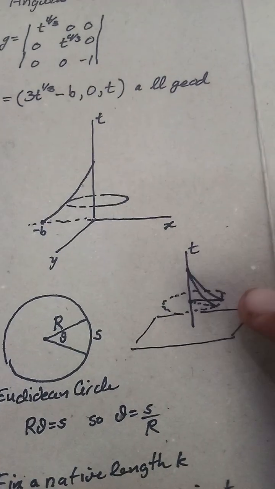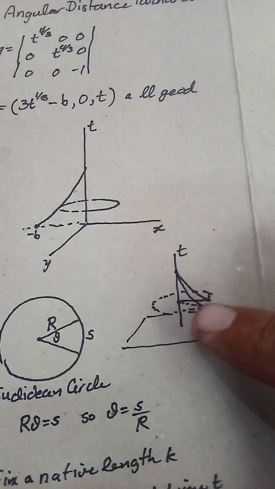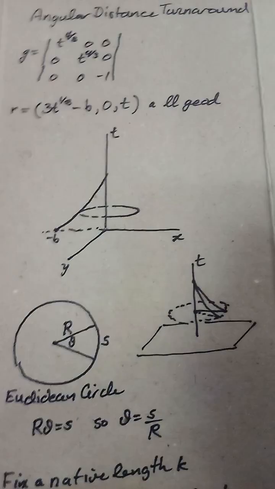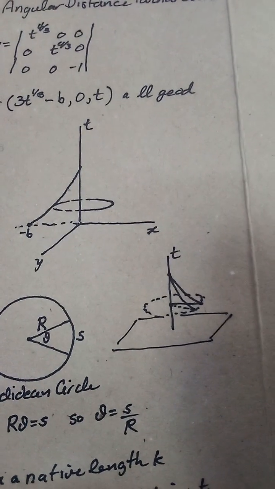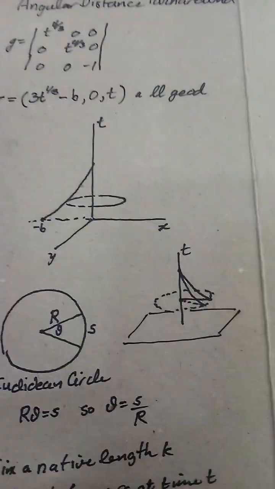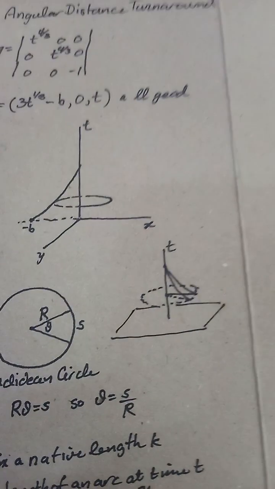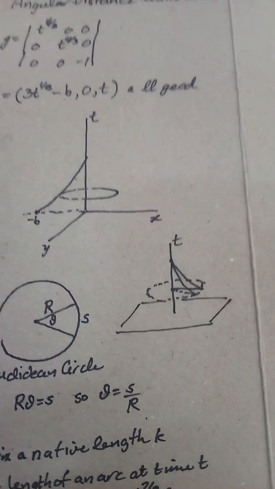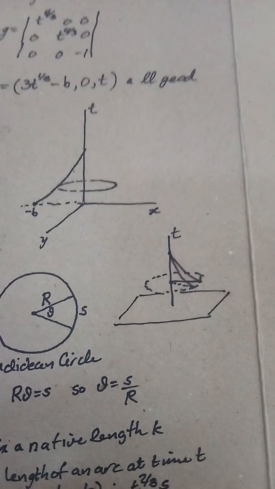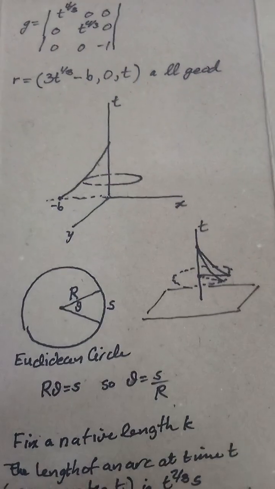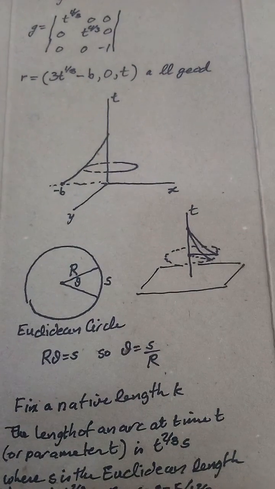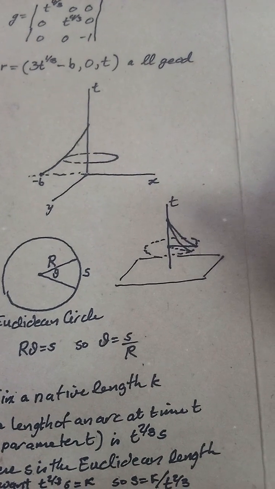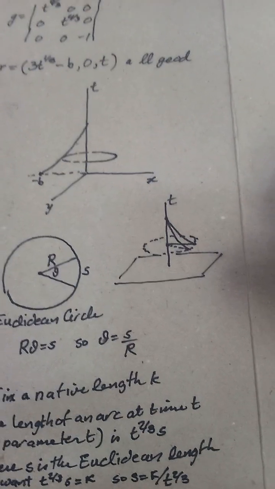Now it turns out, by the nature of this thing, these geodesics are contained in planes. The first one up here is contained in the xt plane, and the others are in planes that both contain the t-axis.